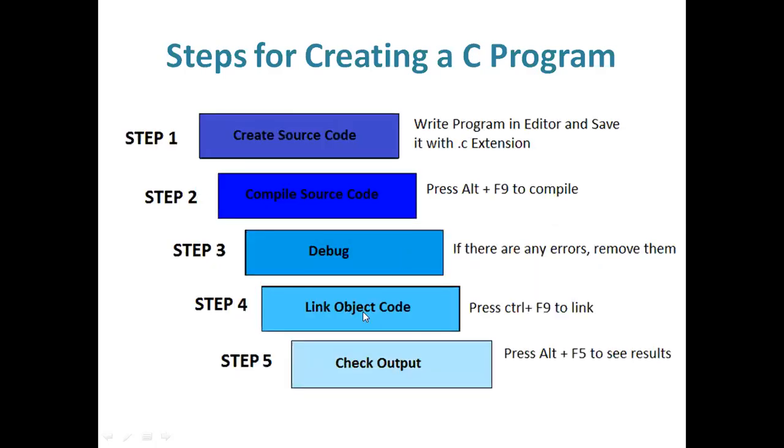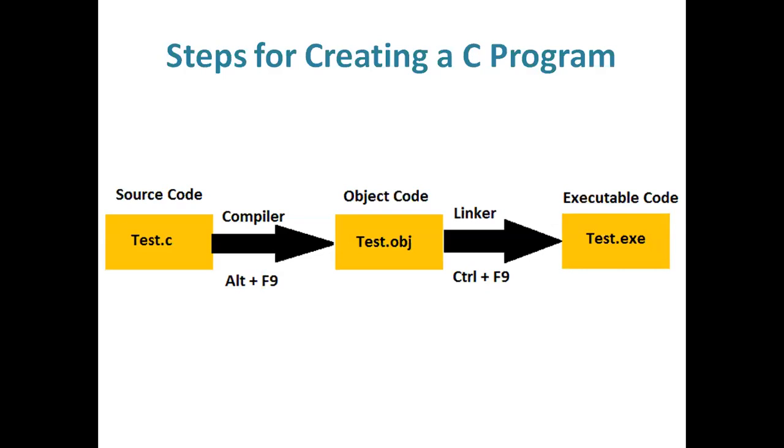Then the fourth step is to link the object code. We can use the shortcut key Control plus F9 to link it. The linker will link that program with the other pieces of code, and then test.obj will be converted into test.exe.